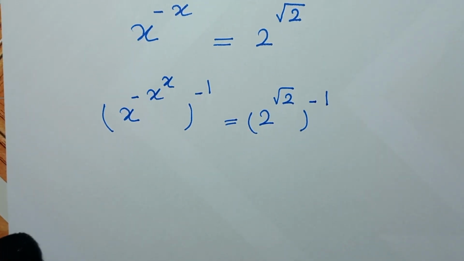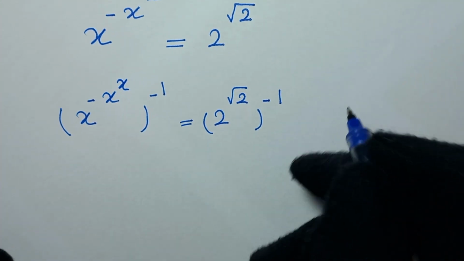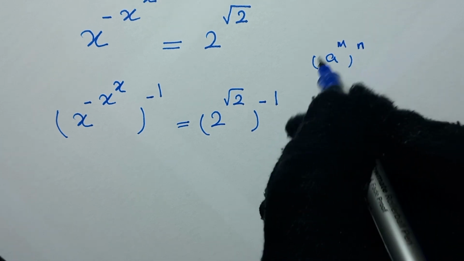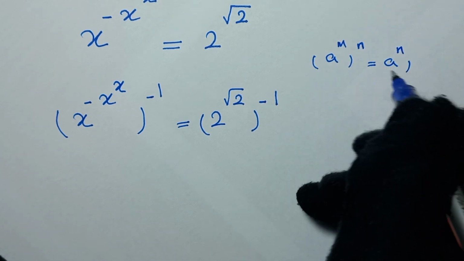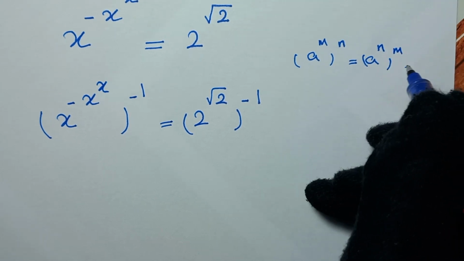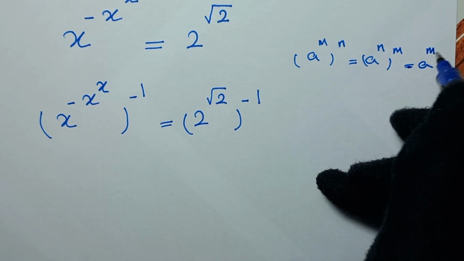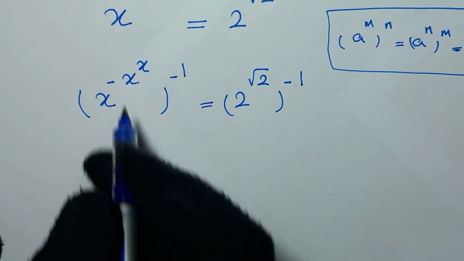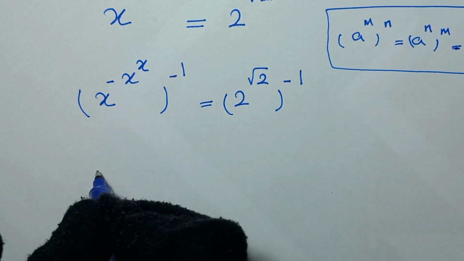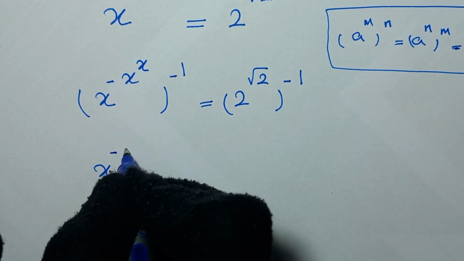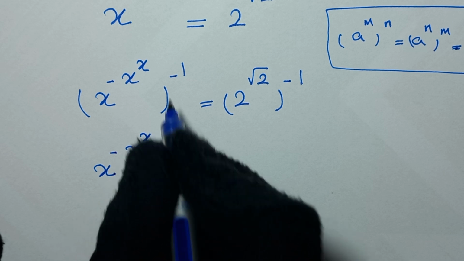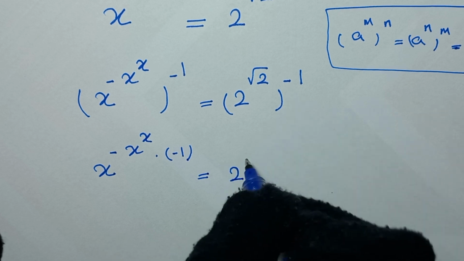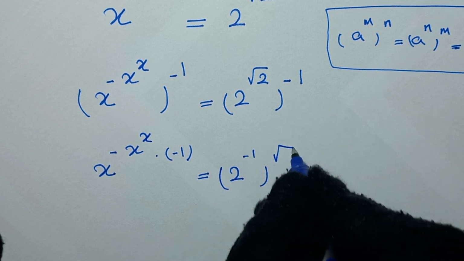As you know, if we have a to the power of m to the power of n, this is equal to a to the power of n to the power of m, and is equal to a to the power of m times n. So from this formula, we can write this as x to the power of negative x to the power of x times this negative 1, is equal to 2 to the power of negative 1 and to the power of square root of 2.